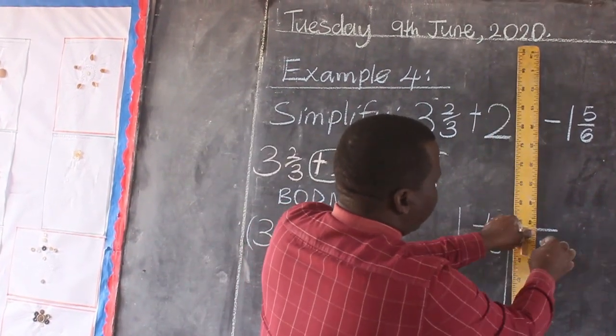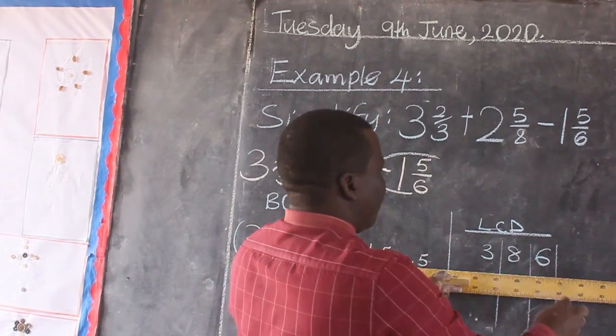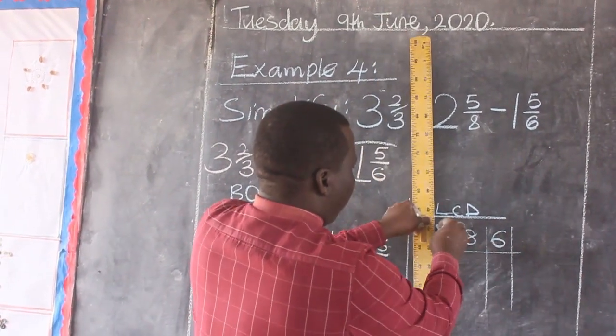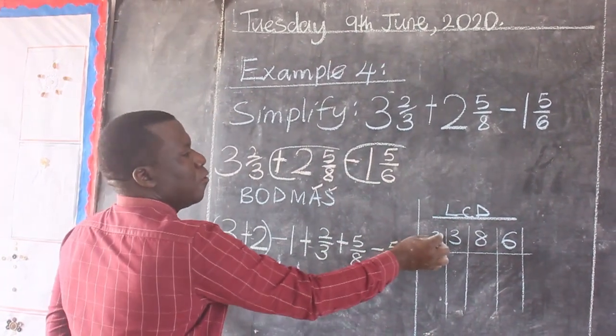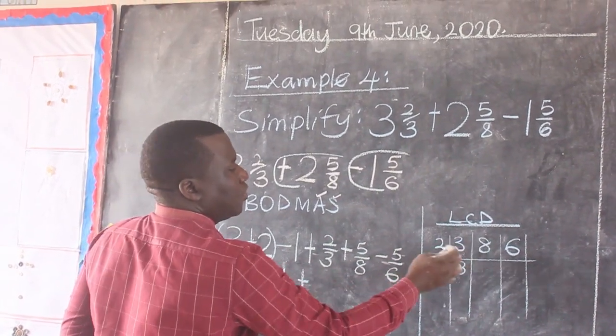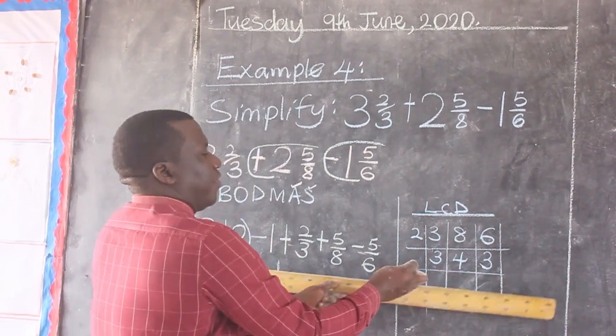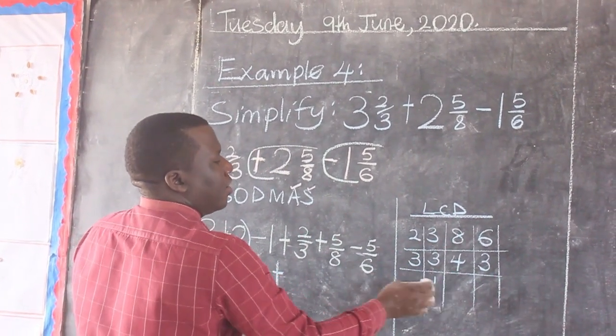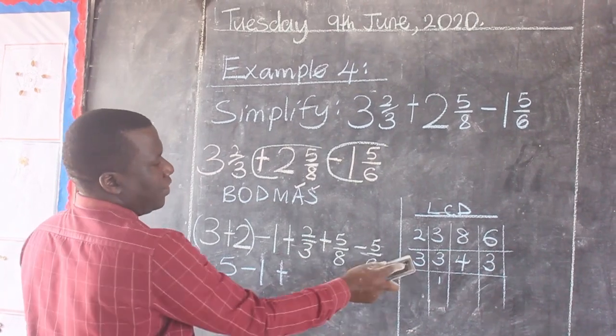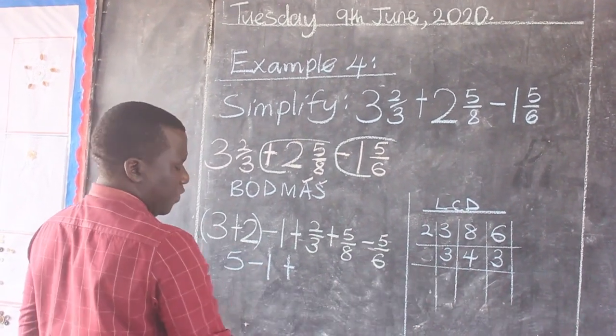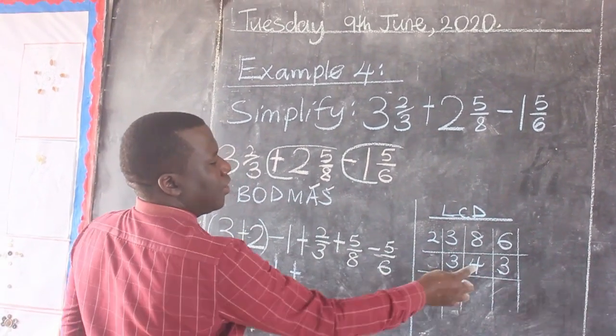So by factorization, by 2: 3, 4, 3, then by 3, 1. Actually before we move to 3, there is a number that can be divided by 2, which is 4.